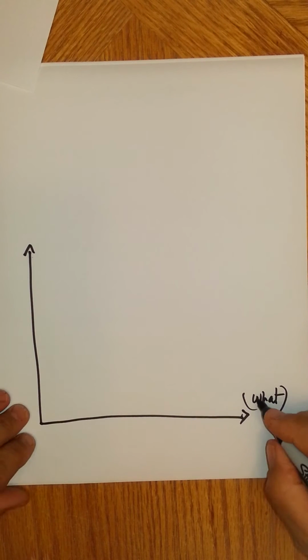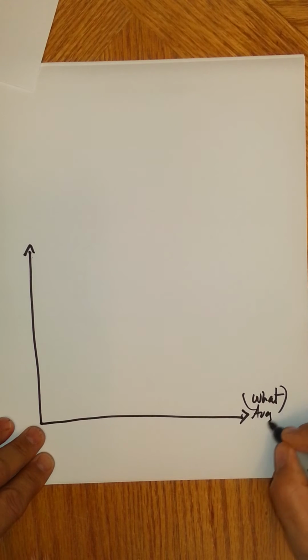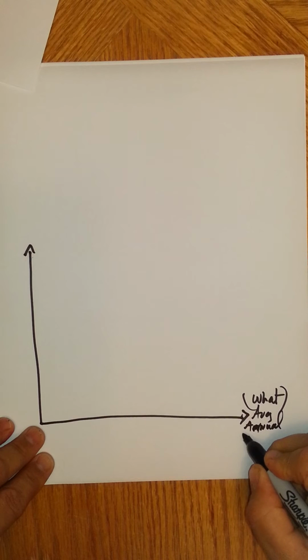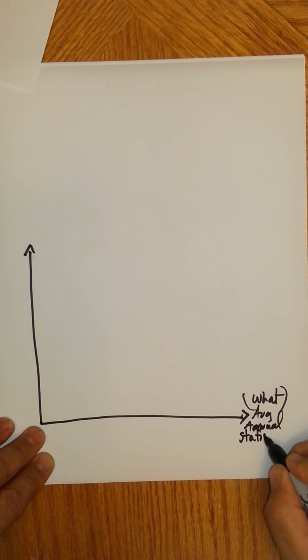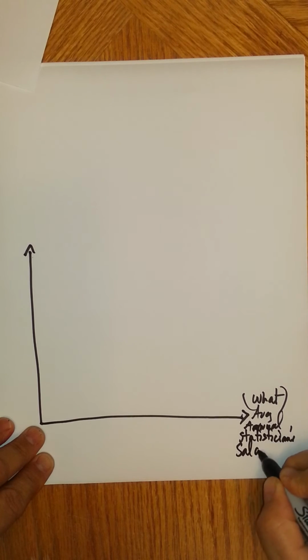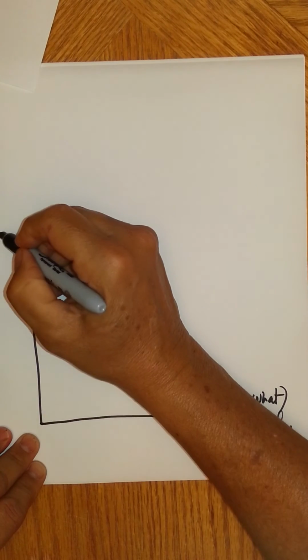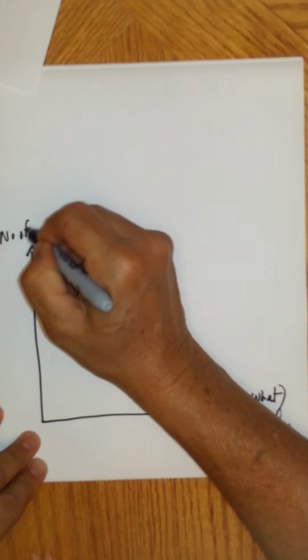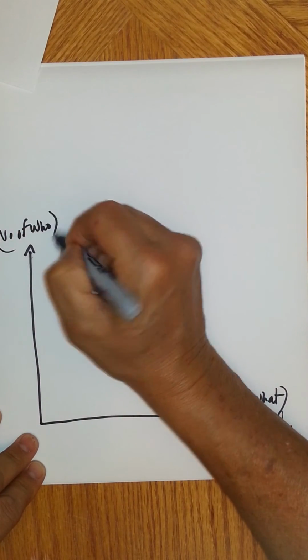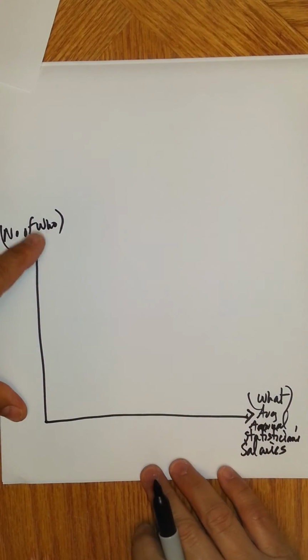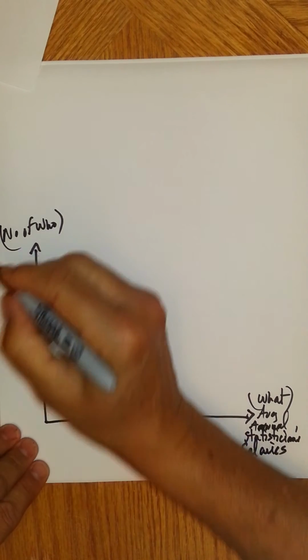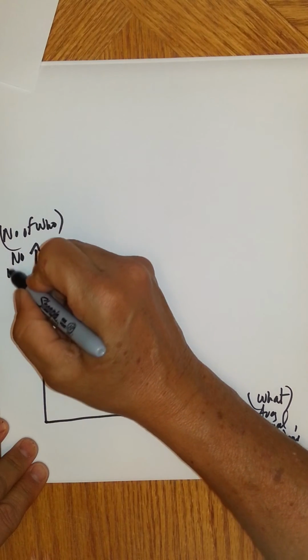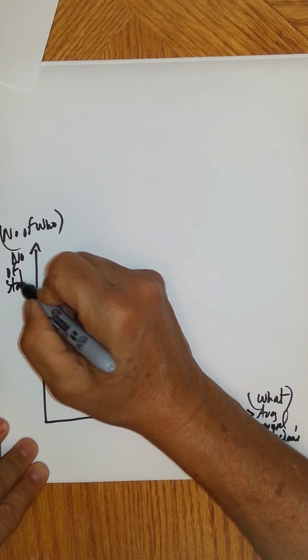And in this case we're talking about average annual statisticians' salaries. And here, this is always number of who, right? So the number of people or objects that have this trait. And so here we're going to say number of states.